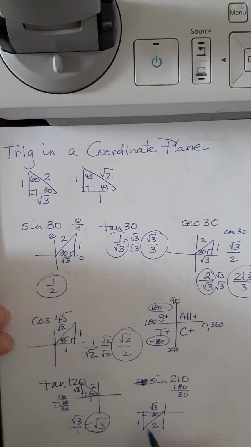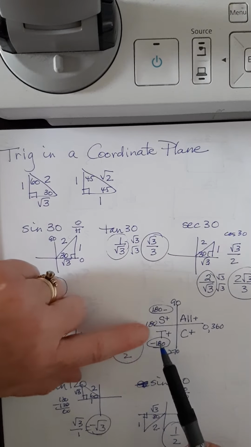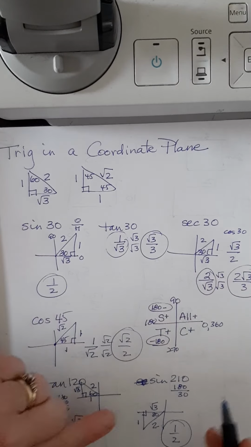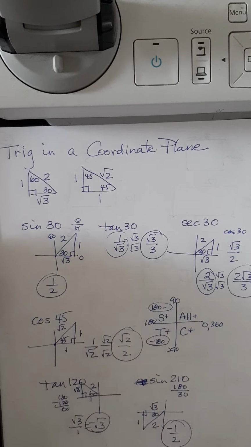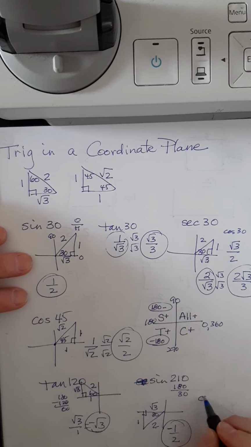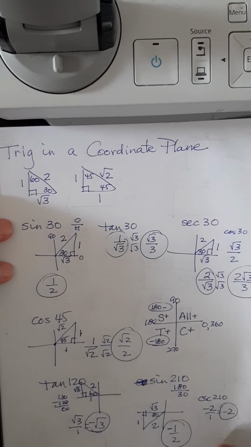Sine is opposite over hypotenuse, 1/2. And then last step, tangent is what's positive, so sine is negative. And if by chance they had wanted, let's say, cosecant of 210, you just would have flipped it. So negative 2 over 1, or negative 2.